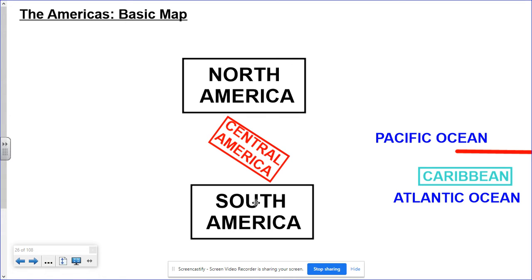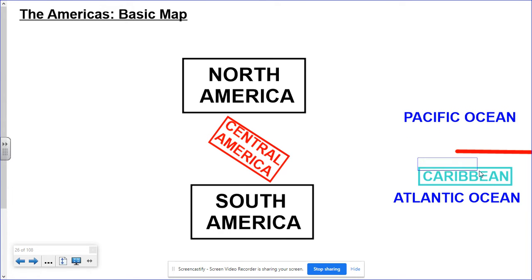South America includes countries like Brazil, Argentina, Chile, and all that. But the ones in the middle, sometimes including Mexico as well, all the way down to places like Panama, Central America is a thinner piece that connects the two bigger pieces, and it goes at a sideways angle here. That includes a lot of different countries, but they connect the two bigger areas.